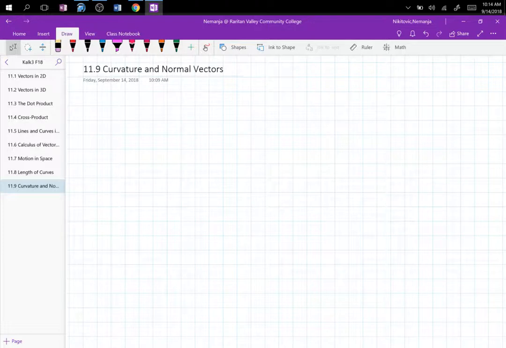You will say curvature is 1, curvature is 7, curvature is 0.1. A straight line has curvature 0, because a straight line does not curve at all. So if you want to quantify curvature, it makes sense to say that a straight line has curvature 0.